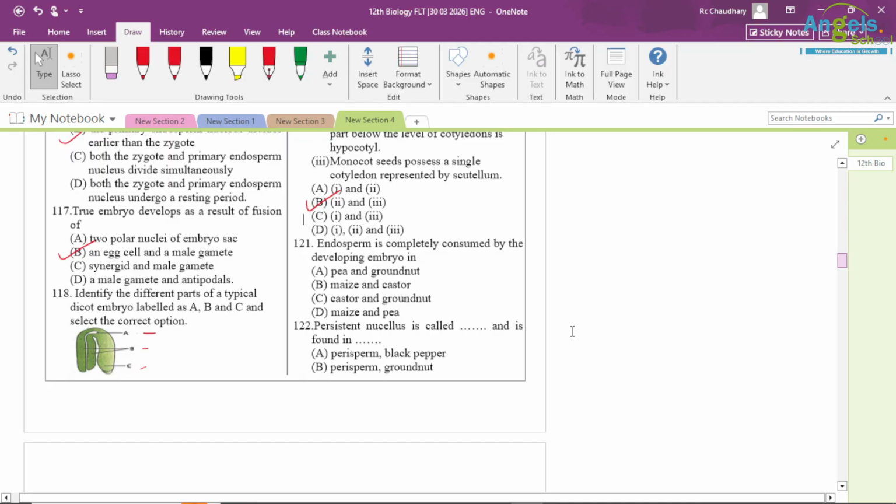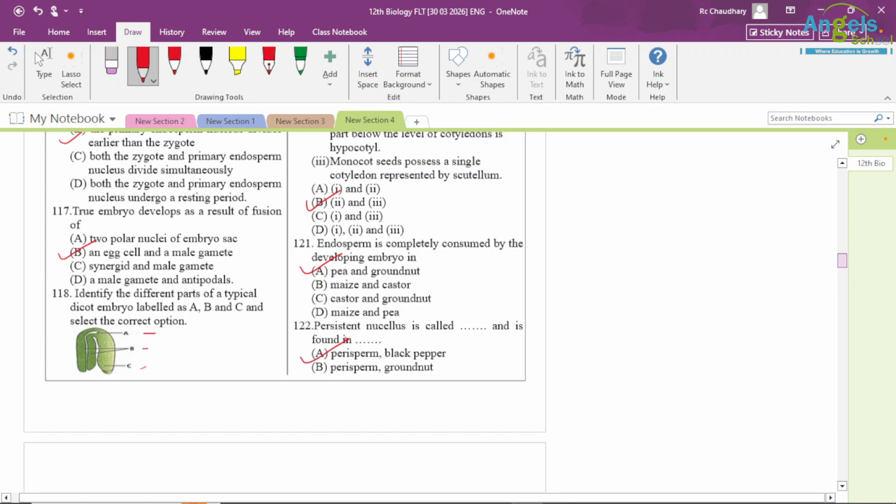Question number 121. Endosperm is completely consumed in non-endospermic seeds. So examples are pea and groundnut. Persistent nucellus is known as perisperm, and examples are beet and black pepper.